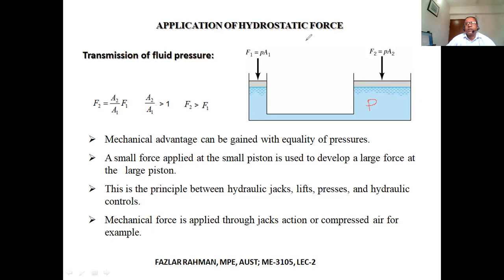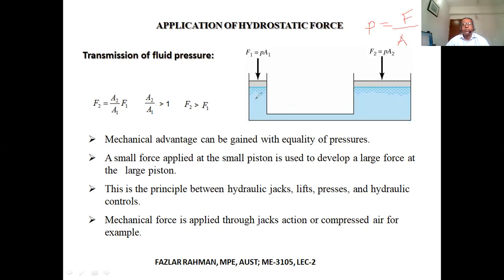So we know that F equal to P by A, sorry, mistake, not F by A. P equal to F by A. So you are getting F equal to P into area, right?